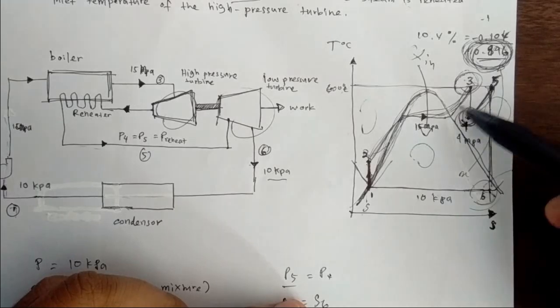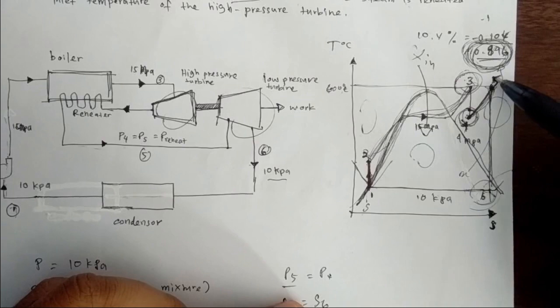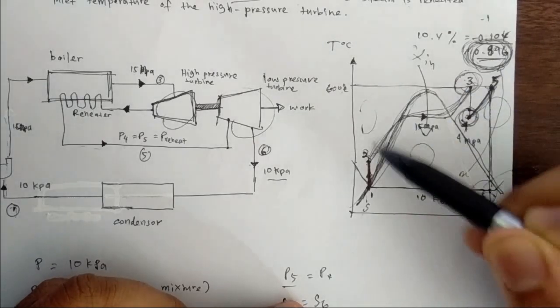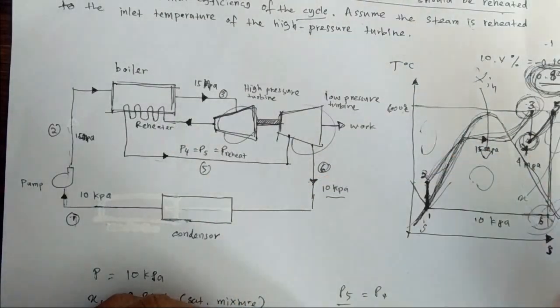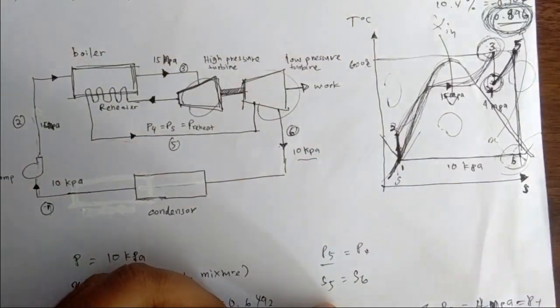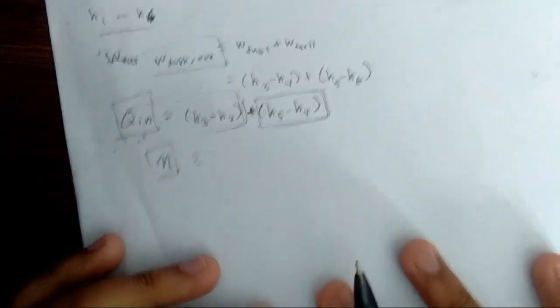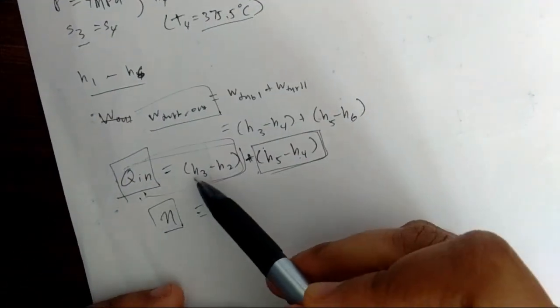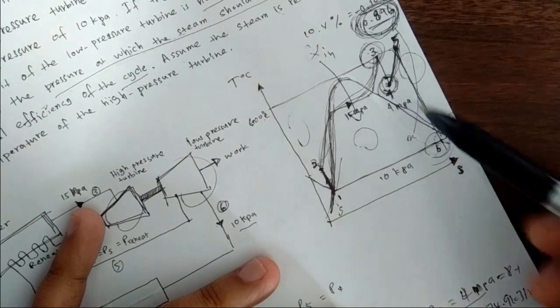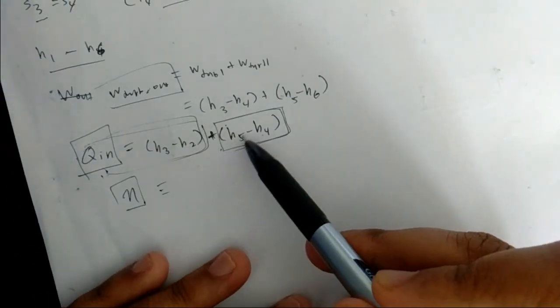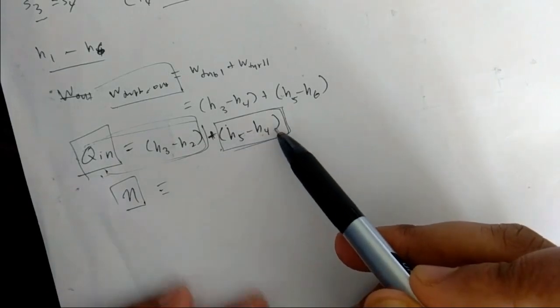Because there is a reheat process, state 4 and 5 are also included. This is the region where the boiler process is taking place. So the formula, Q in is equal to H3 minus H2, which is position 2 and 3 in the TS diagram, plus H5 minus H4.